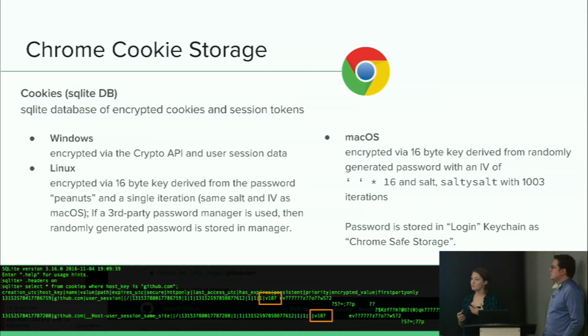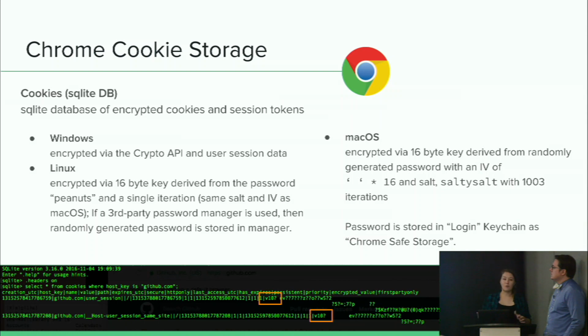It'll generate a random 16-byte value, a key, and store that in one of these third-party password managers, and it uses that value to encrypt all the cookies. So that's pretty good. Again, it's arbitrary as long as you're running a script within the user's context to gain access to that value, but the point is they're trying to make you work a little harder to get access to these values.